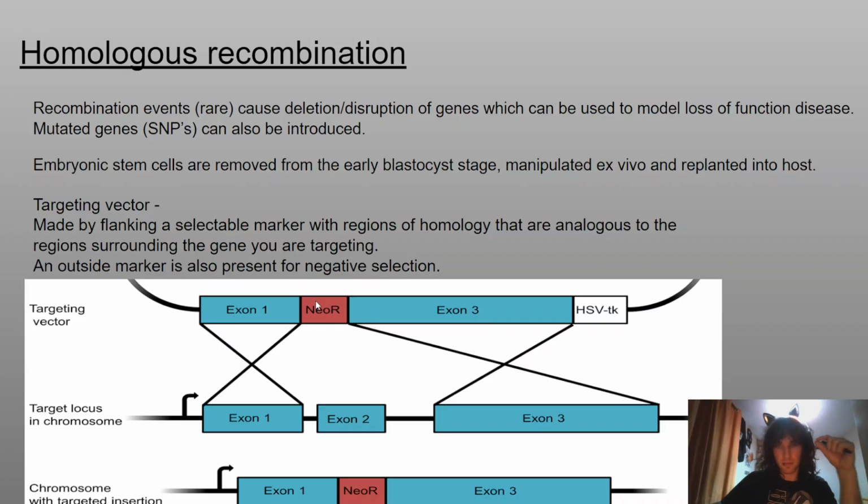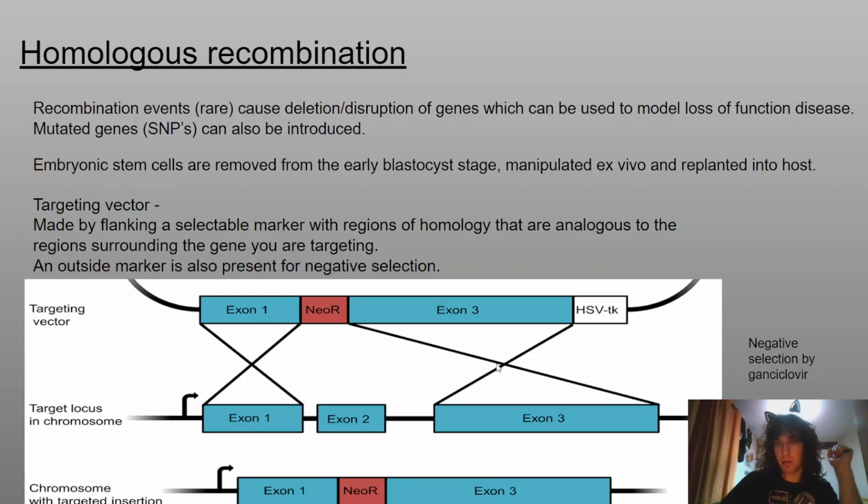In addition, since recombination events happen naturally anyway, you have an outside marker, HSV-TK, present for negative selection. Normally, if this homologous recombination is successful, exon 1 exchanges, and then exon 2 is replaced with NEO-R, and you can positively select for it.